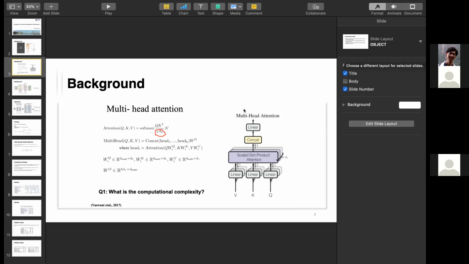Basically, it's the gradient disappearing, not gradient exploding. So think about the softmax. Suppose after we apply Q times K transpose, we get two results.